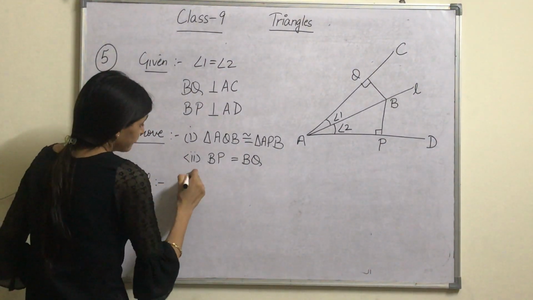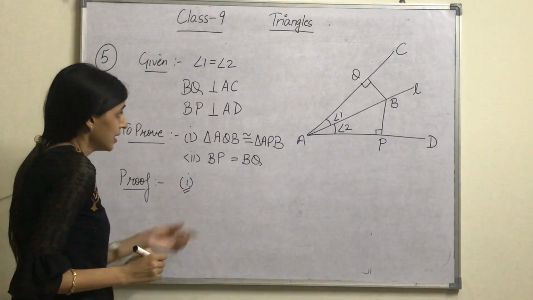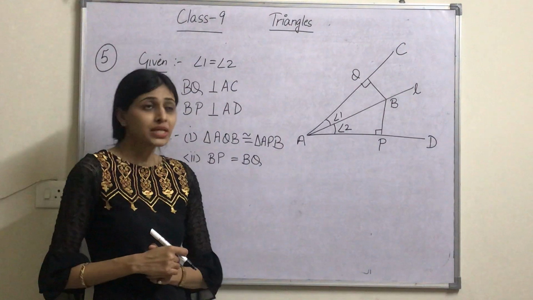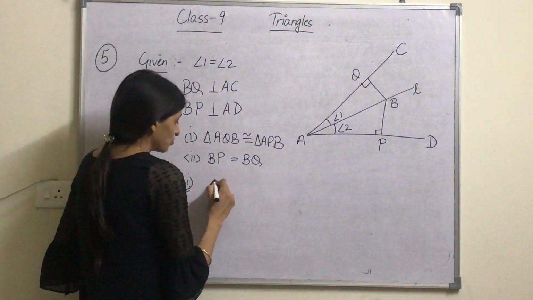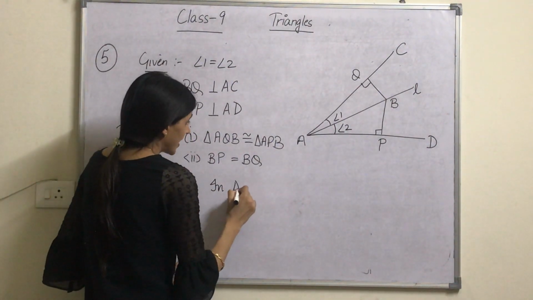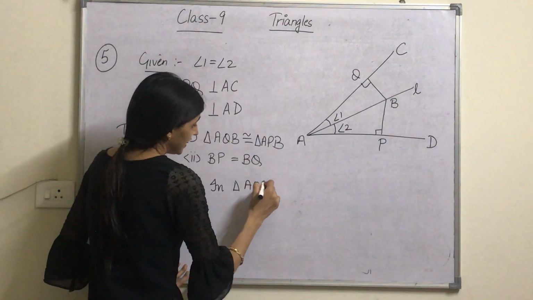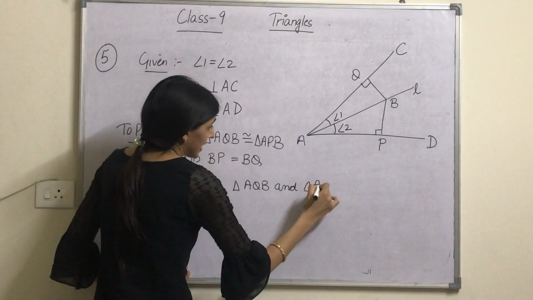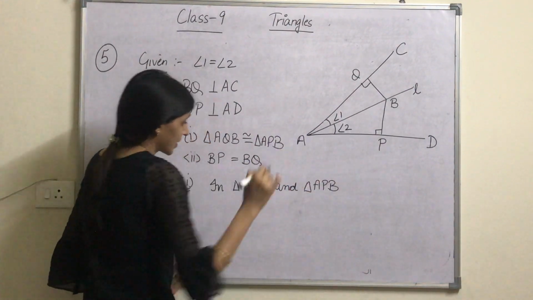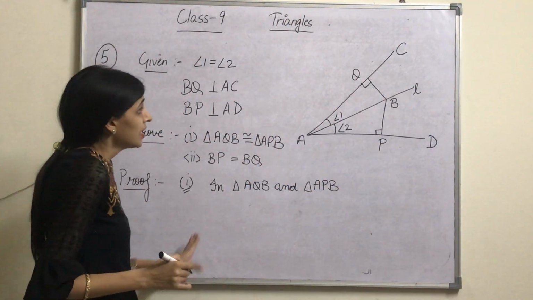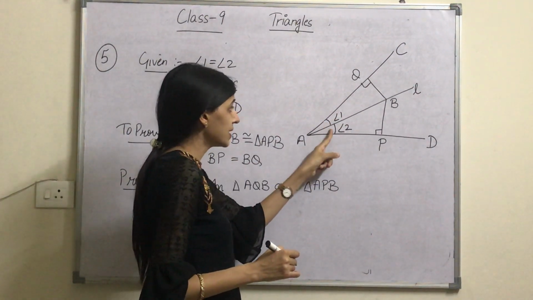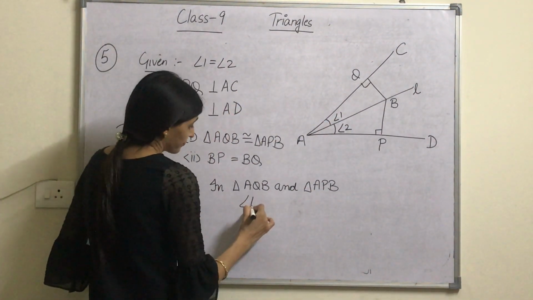Let's start with first. Now, these two triangles we have to prove that they are congruent. So let's start with these two triangles. In triangle AQB and triangle APB, both the triangles, angle 1 is equals to angle 2.